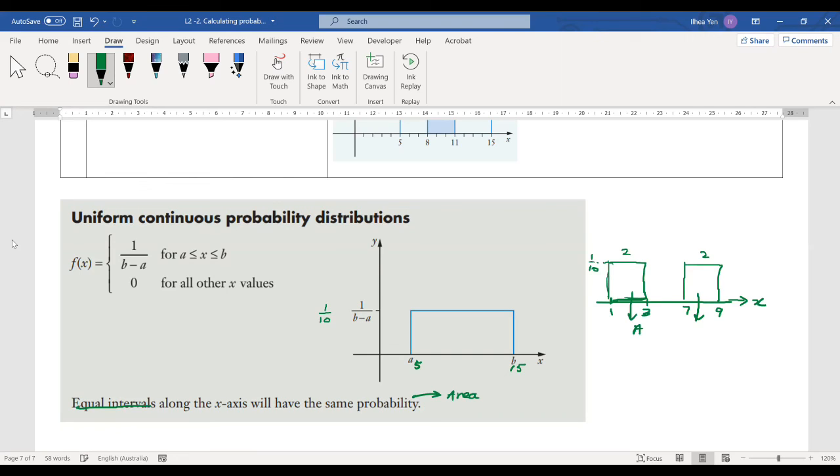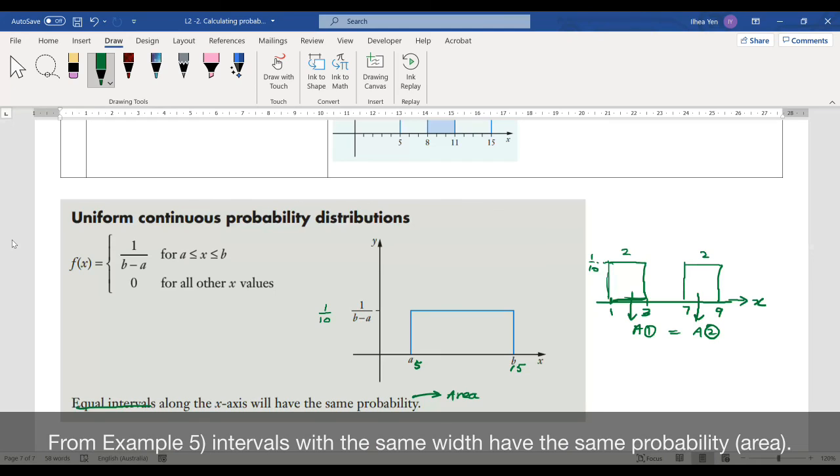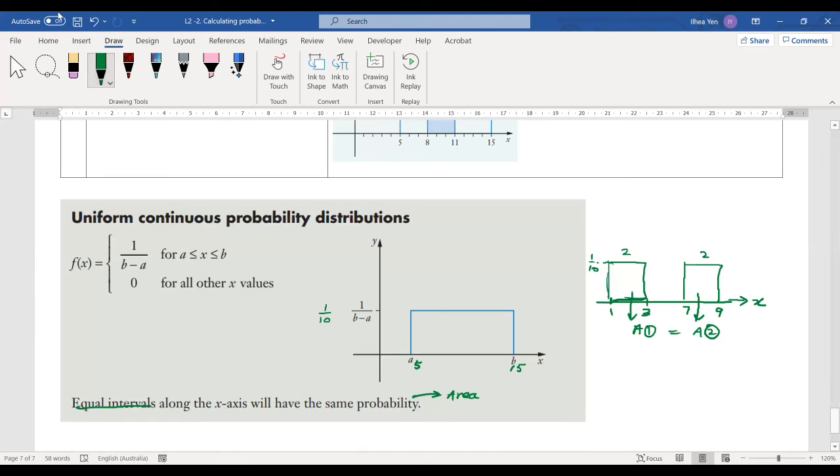Area 1 is area 2 because they have the same width. That's what that means. The intervals with the same width have the same probability. It just means that they have the same area. That's all for now. See ya.